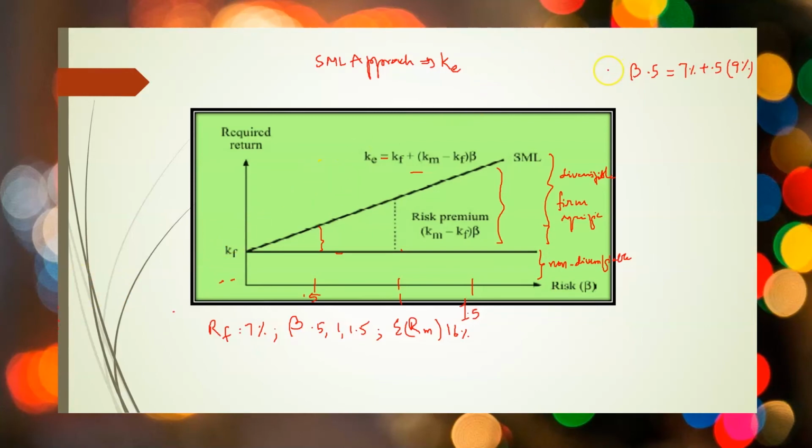So the cost of equity, if beta is at 0.5, assuming the risk-free rate of 7% and the risk premium is 9%, your KE will be 11.5%.